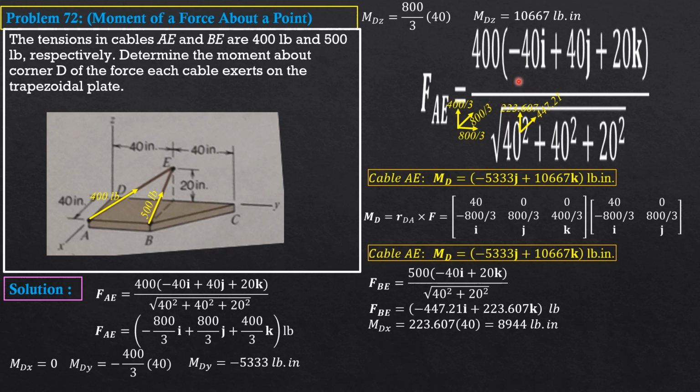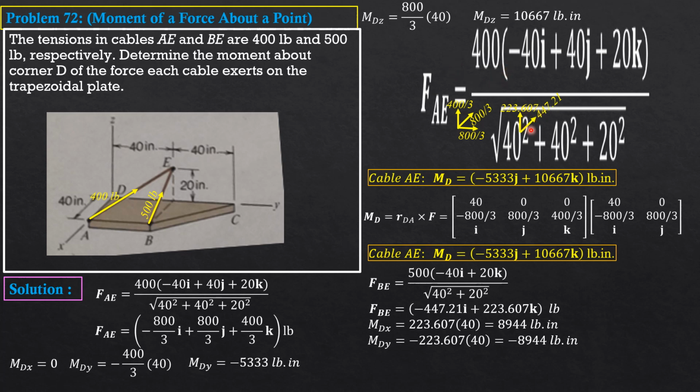MDy, about this axis here, positive in that sense. So this horizontal component passes through dy, so 0. This one is negative because the positive sense about dy is in that direction and it is in the opposite direction. So negative 223.607 times 40 inches is the moment about dy, and it is negative 8944 pound inch. Finally, the moment about dz, the positive sense is in that direction.